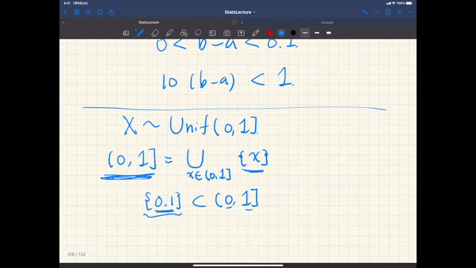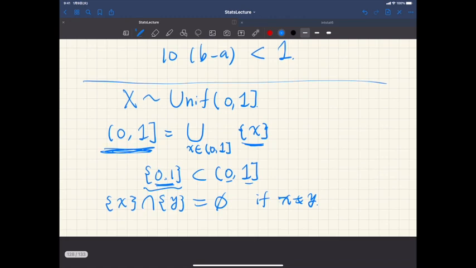And of course each of these subsets is disjoint from the other single point subsets, because there are no two points that are identical. So if x and y are different, then if you take this intersection, it's the empty set if x is not equal to y.